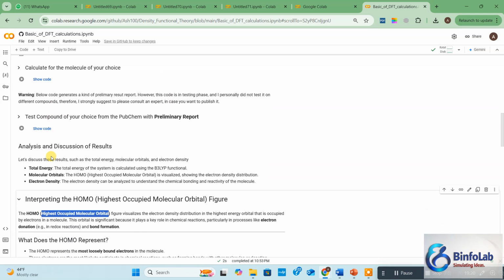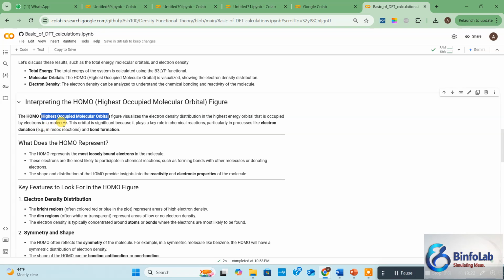These are actually those electrons of water, because we have used water and water contains oxygen. The highest occupied molecular orbital visualizes the electron density distribution in the highest energy orbital, and the highest energy orbitals are normally the ones which are far away from the center of the atom.